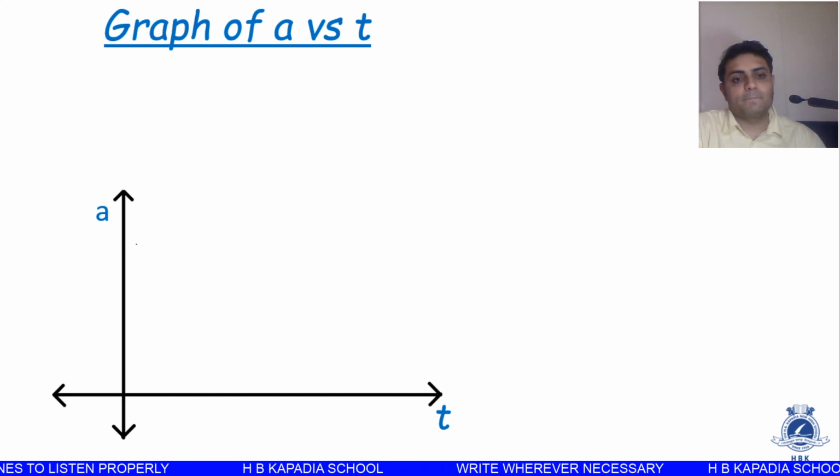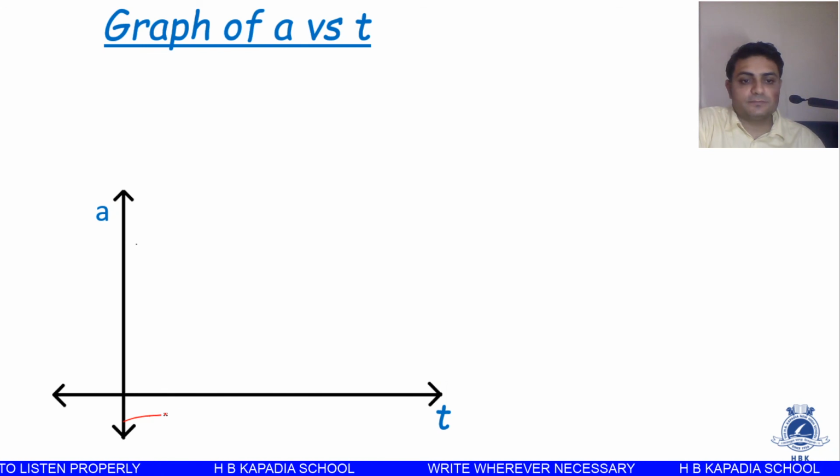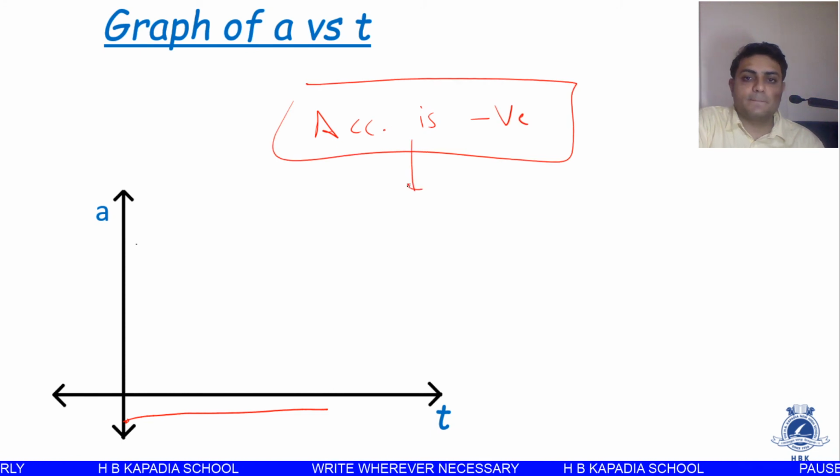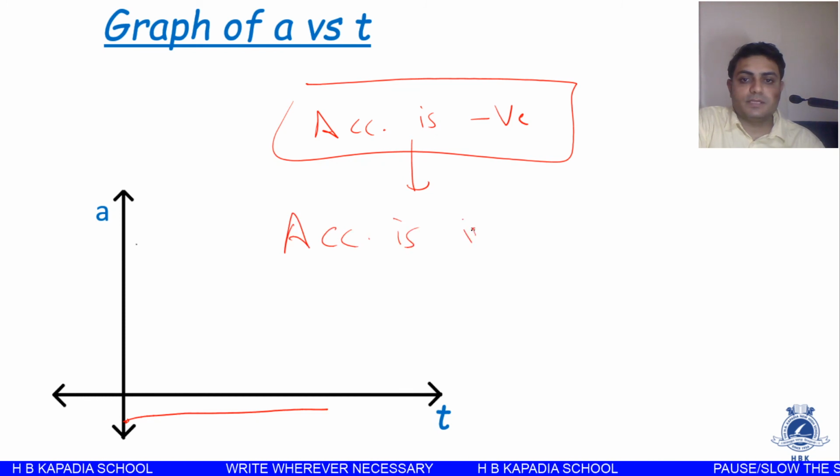If the graph is like this, then we can say the acceleration is negative, or we can say that acceleration is in negative direction.